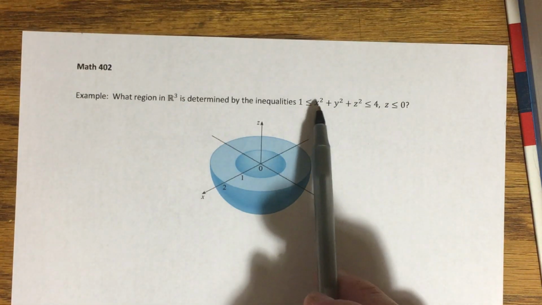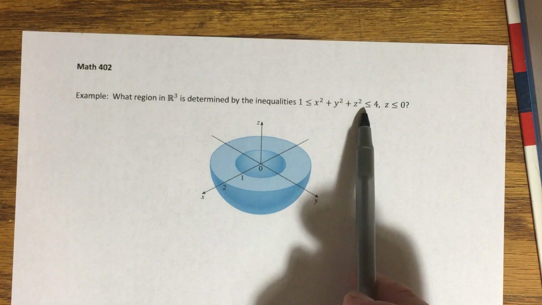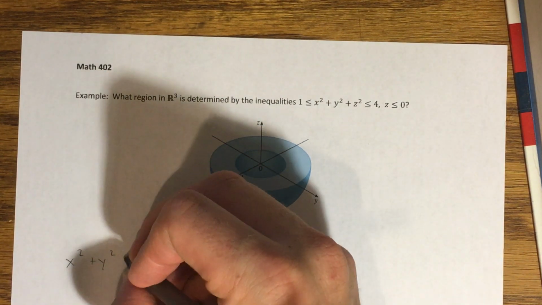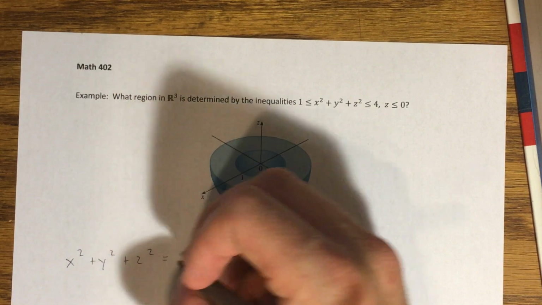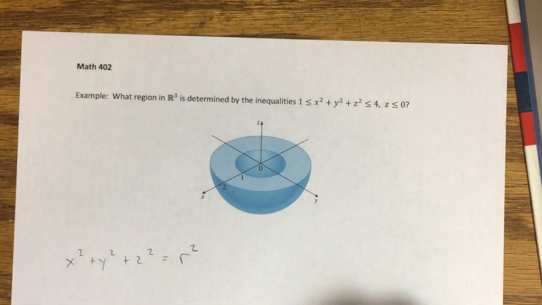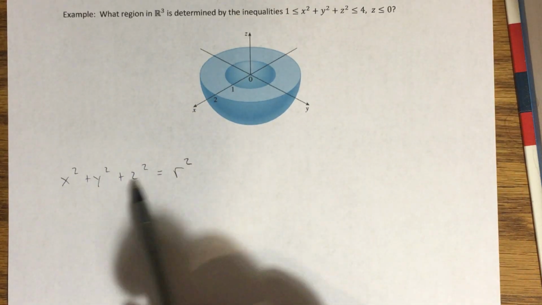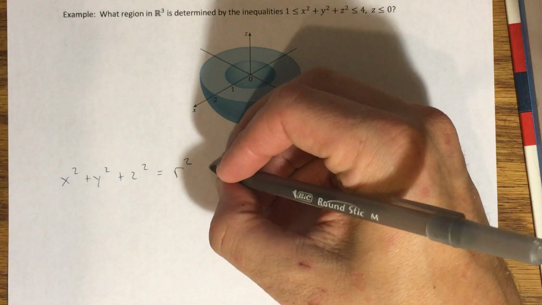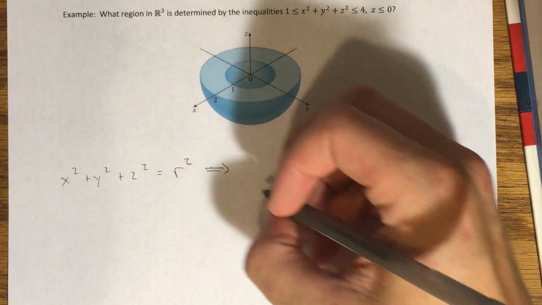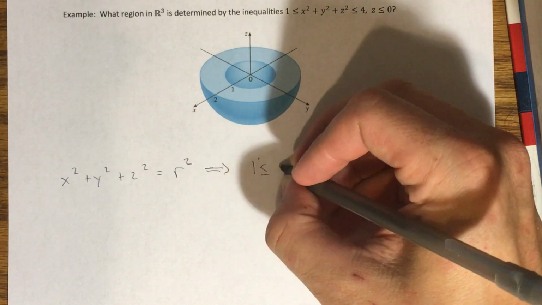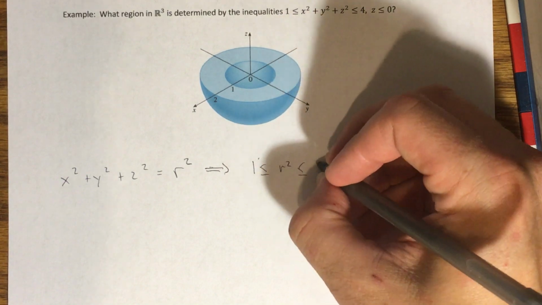Well, if we did x squared plus y squared plus z squared equals r squared to give us kind of the generic equation for a sphere, then the inequality up there would imply that r squared is between 1 and 4.